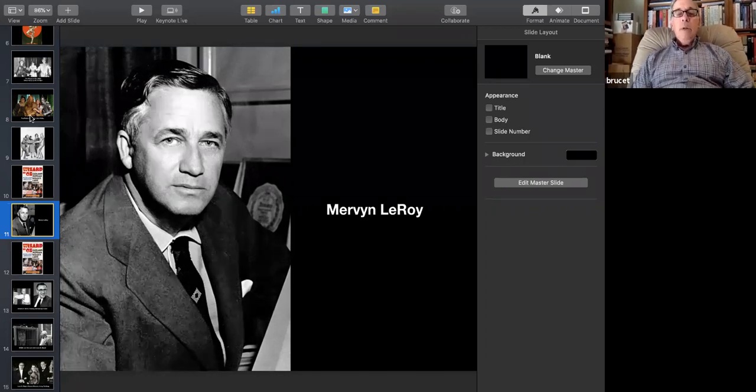So Mervyn LeRoy, who was head producer at MGM after the death of Irving Thalberg, of course also Jewish, knew that Walt Disney had a hit with Snow White and the Seven Dwarfs in 37 or 38, and wanted to do something similar with MGM's facilities, its tremendous technical sophistication. So he wanted something that would be a prestige picture and a fantasy film.